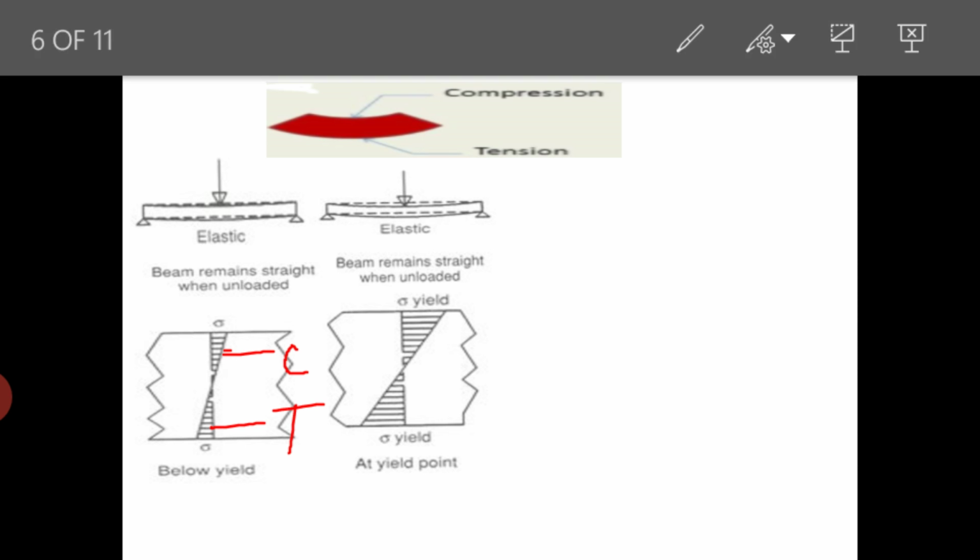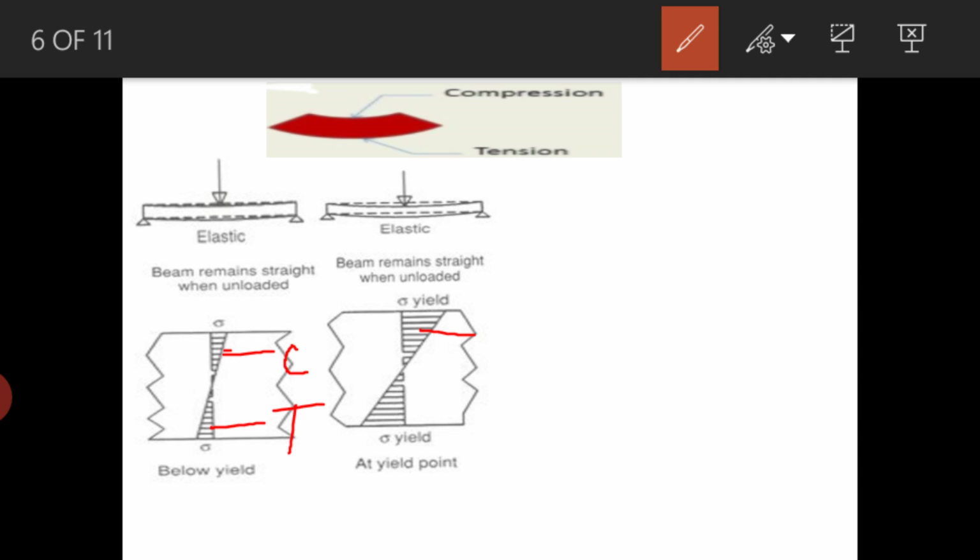So as I said, here we get the compressive stresses, that is FC, and here we get FT, the tensile stresses, and they become equal to the yield stress, sigma y, or you can say Fy.